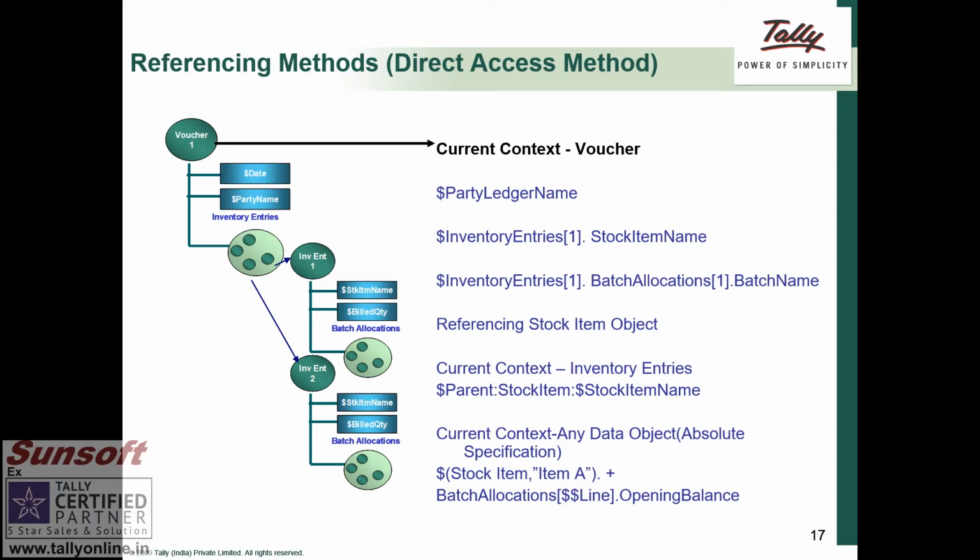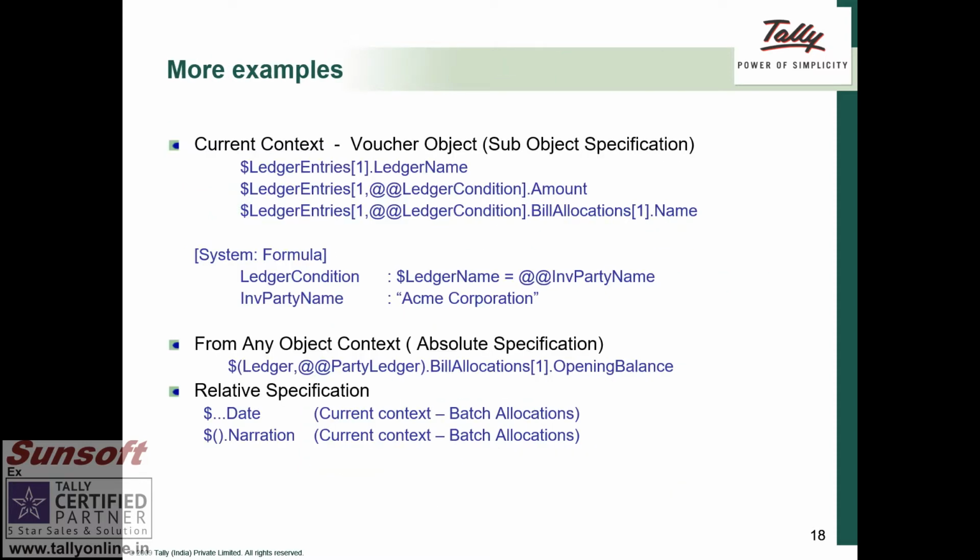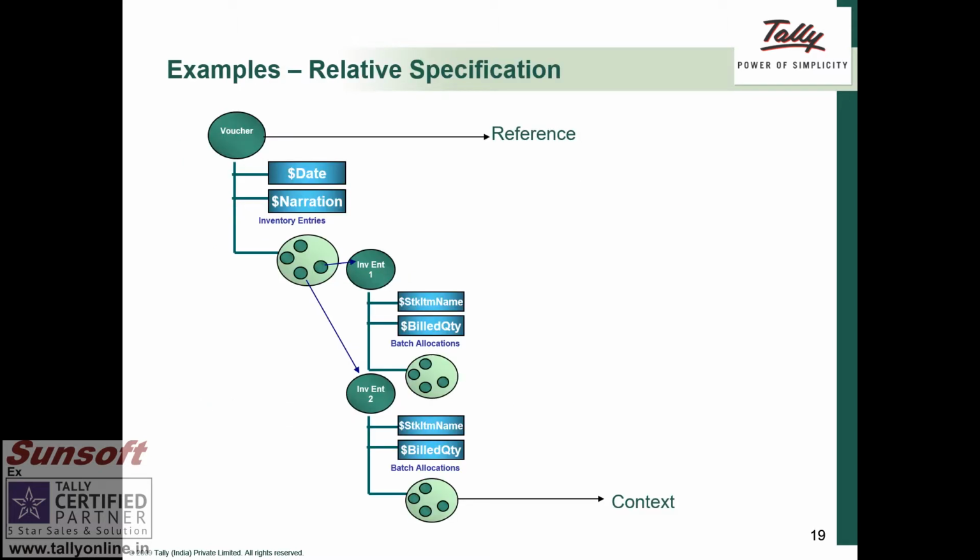There are two main collections. One is inventory entries, which keep the detail of stock items, and ledger entries, which has different ledgers in the collection.